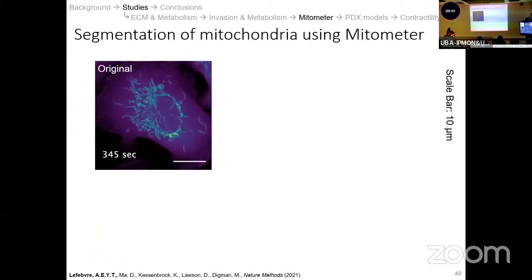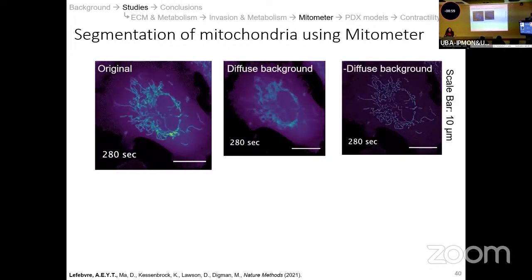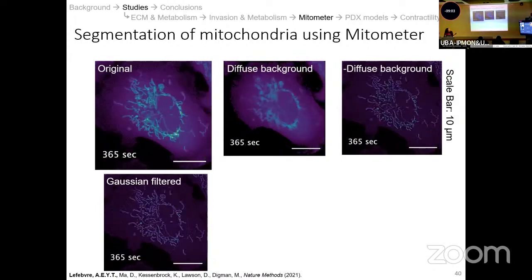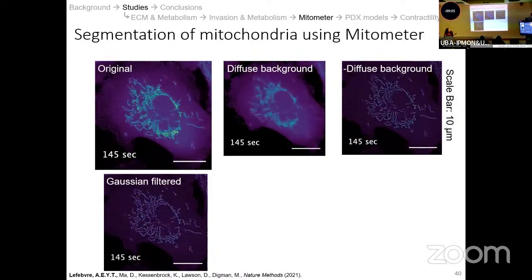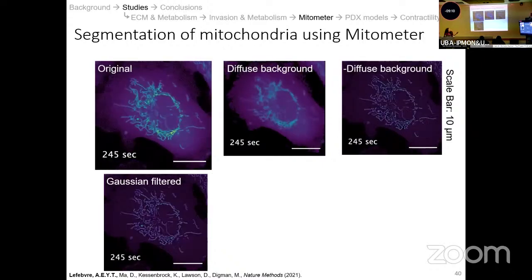So this is the original image, and he looked at this image and he said, there's too much background here. I cannot identify single mitochondria. So using astrophysics techniques to remove, let's say, background, he used the diffuse background subtraction algorithm. And so he calculated what is the diffuse background from these images, from the stack.